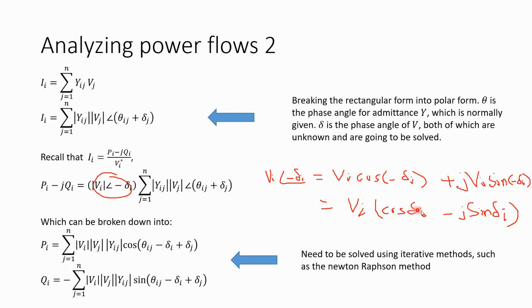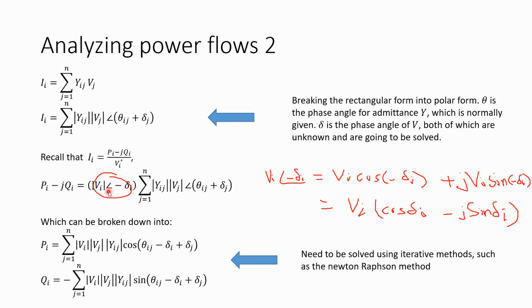Now, the cos part represents the real part, obviously, and the sine part represents the imaginary part. So the real part of this equation is equal to the real part over here, and the imaginary part is equal to the imaginary part over here, such as this one.